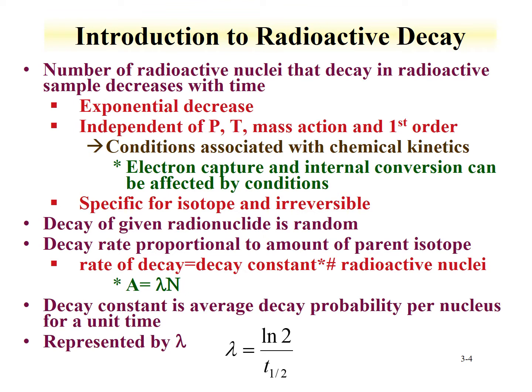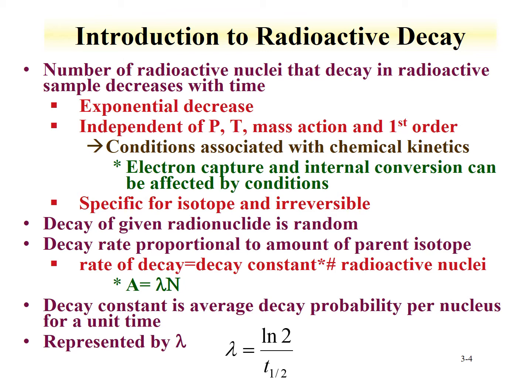Now, the decay of a given radionuclide is random. If I had 100 atoms, selecting which radioactive atom would decay is probabilistic. I could make a bet that within a certain half-life, 50% would decay, but I couldn't predict which one would decay.